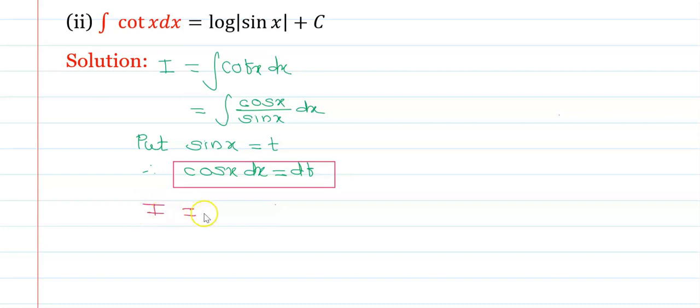This integral can be written as I is equal to integral of cos x upon sin x dx. Cos x dx is dt, and here 1 upon sin x.